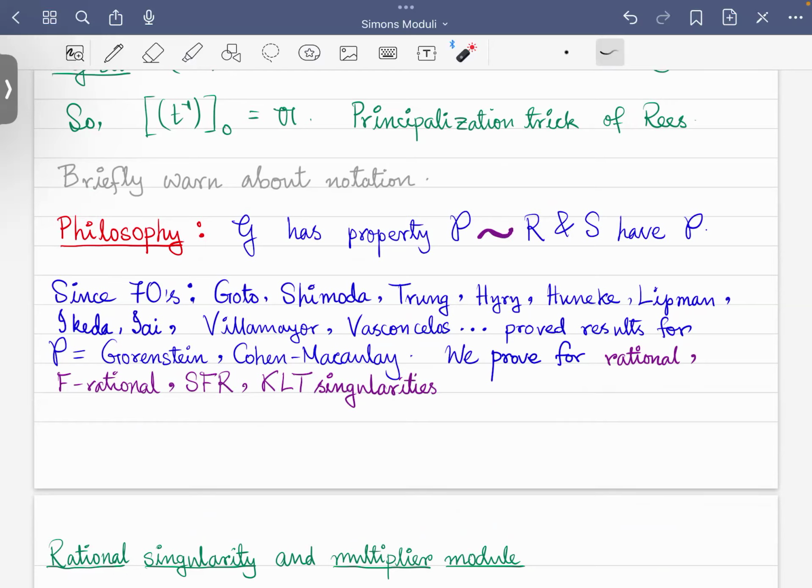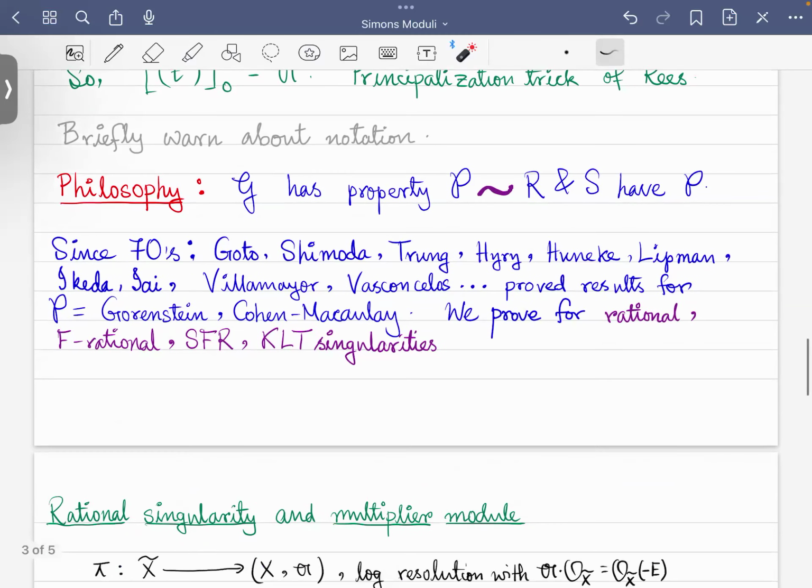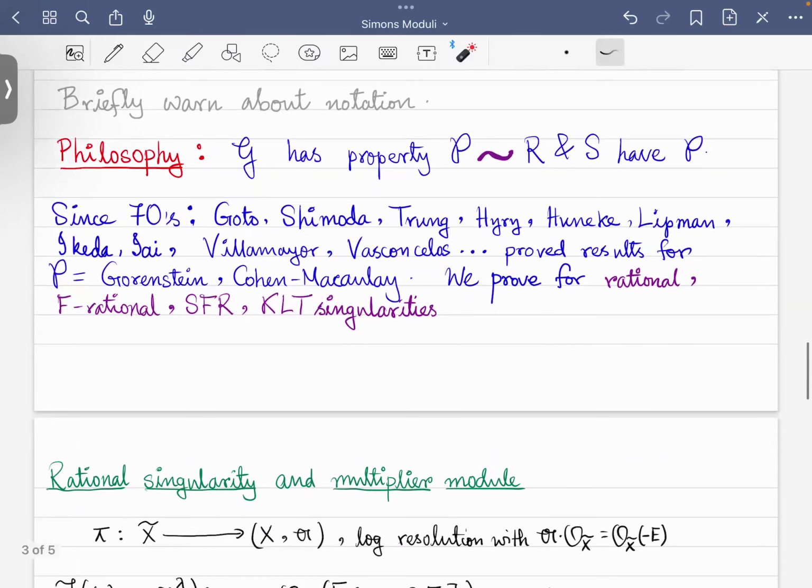So this subject has a lot of history. And my work includes the property P for rational, F-rational, strongly F-regular, and KLT singularities.